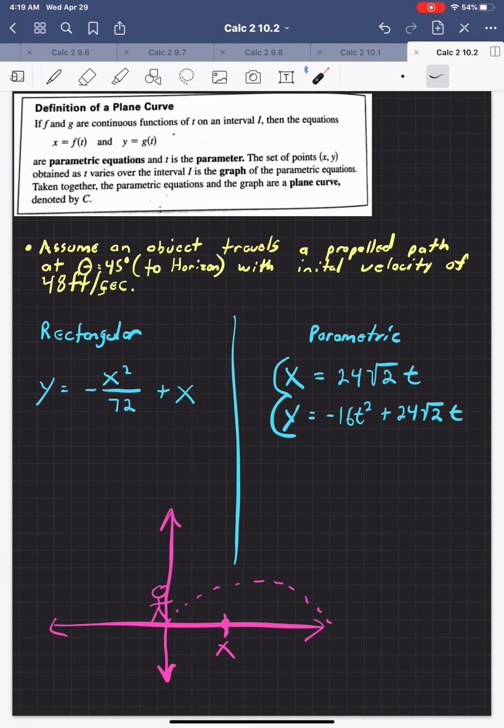So notice how parametric equations, they create a piecewise. So now, all you have to know is a time, in, let's say, 1 second. So if you tell me t is 1 second, I can tell you horizontally how far the rock has gone. And if you tell me t is 1 second, I can tell you at the same time the vertical distance in the air.